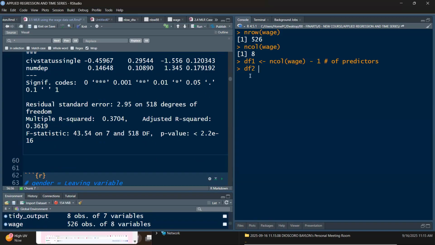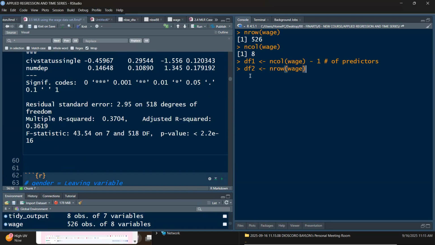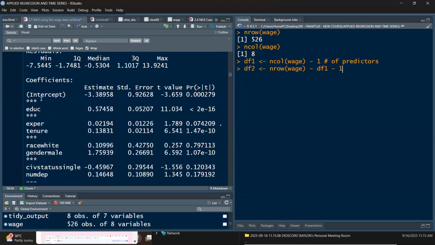And what's our degree of freedom 2? Degree of freedom 2 is your number of observations, that's your n, minus k, where k is the number of predictors, which is your df1, and then minus 1. So that's n minus k minus 1. That's to accommodate the intercept that's also estimated. You lose 1 degree of freedom because we're also estimating the intercept.